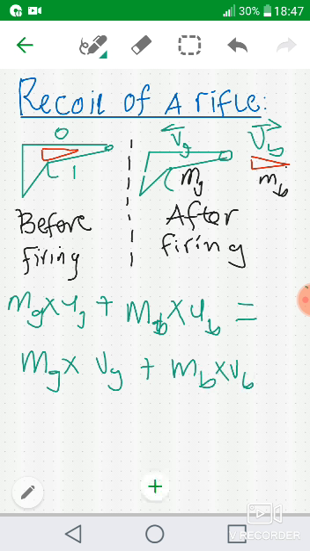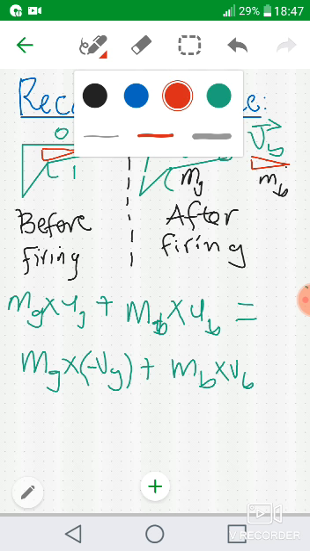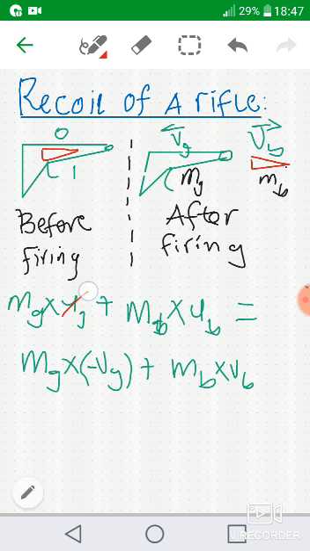Since the two are moving in opposite directions, we are going to give the velocity of the gun a negative, implying that it's moving in the negative direction. It's only velocity which has direction, so we give it that negative to mean it's moving in the opposite direction. Since the initial velocity of the gun is 0 and the initial velocity of the bullet is 0, the initial momentum is 0.